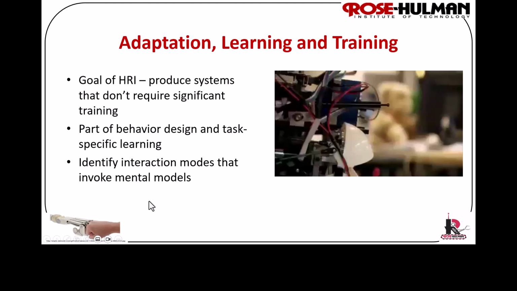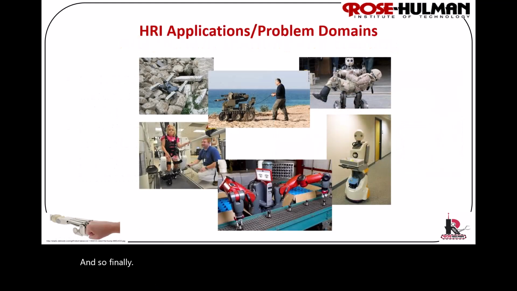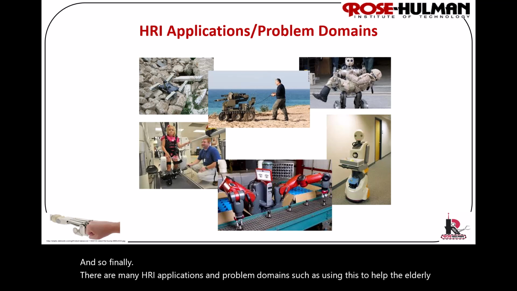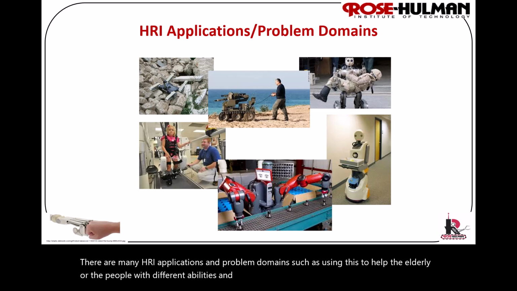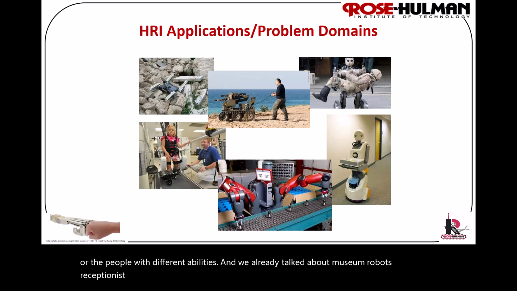And so finally, there are many HRI applications and problem domains, such as using this to help the elderly or the people with different abilities. And we already talked about museum robots, receptionists, urban search and rescue.